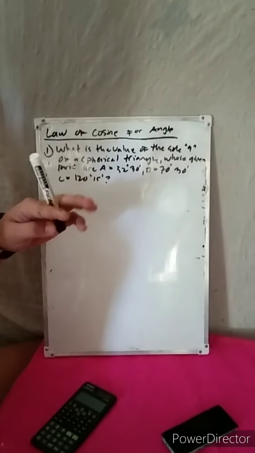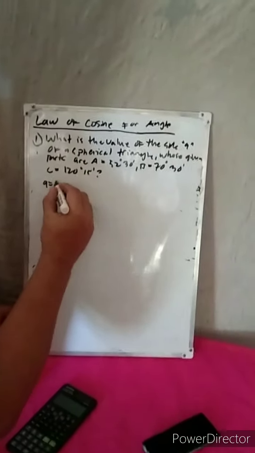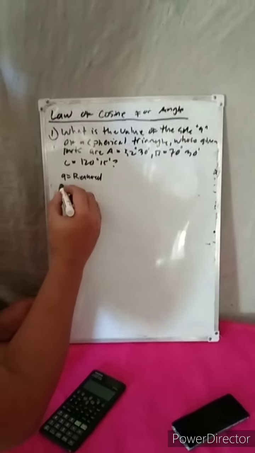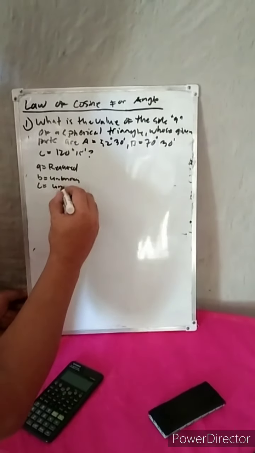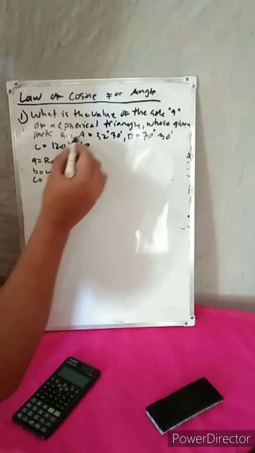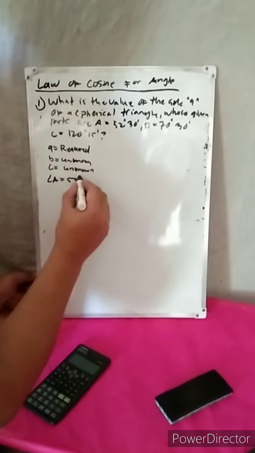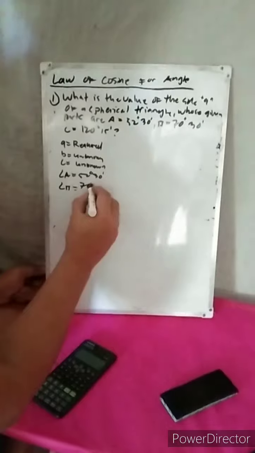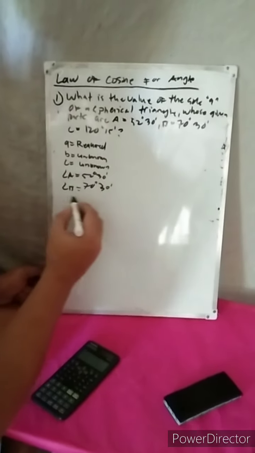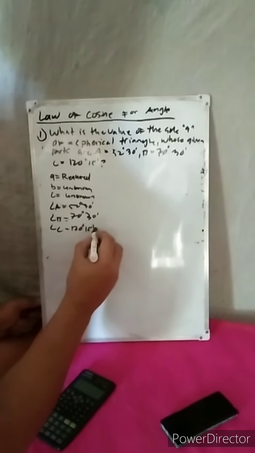The required here is side A. Side B and side C are unknown. Angle A is 52 degrees and 30 minutes, angle B is 70 degrees and 30 minutes, angle C equals 120 degrees and 15 minutes.